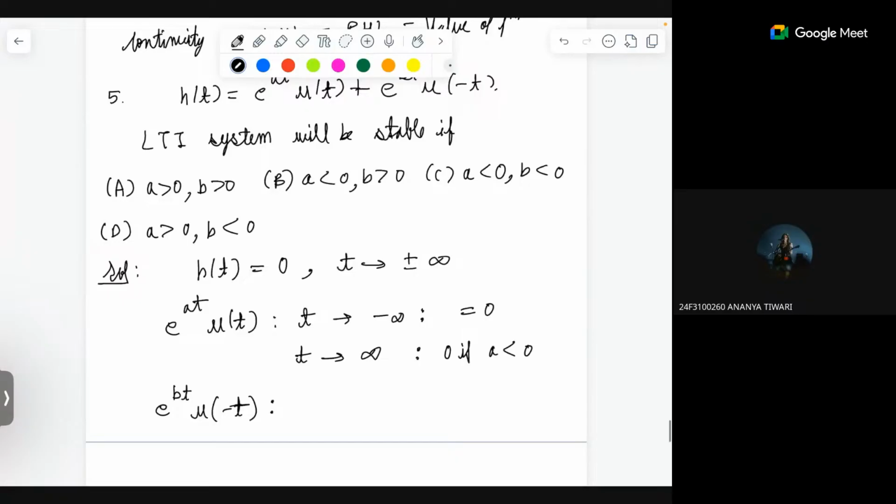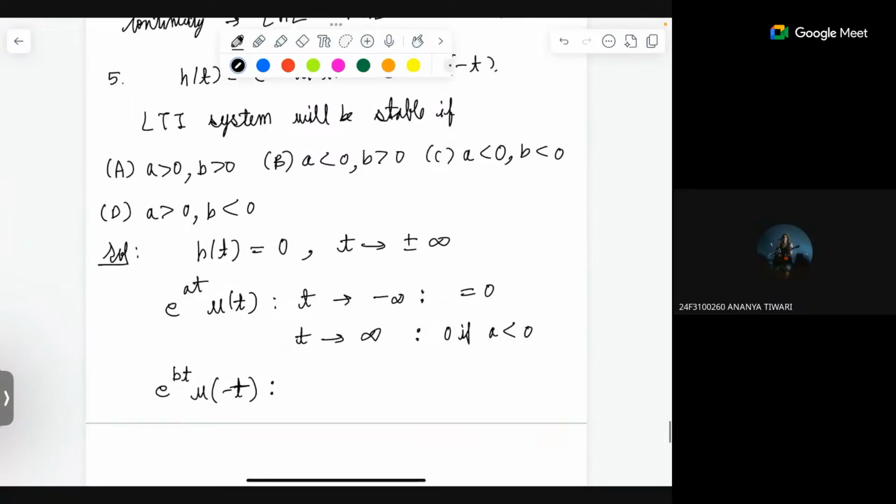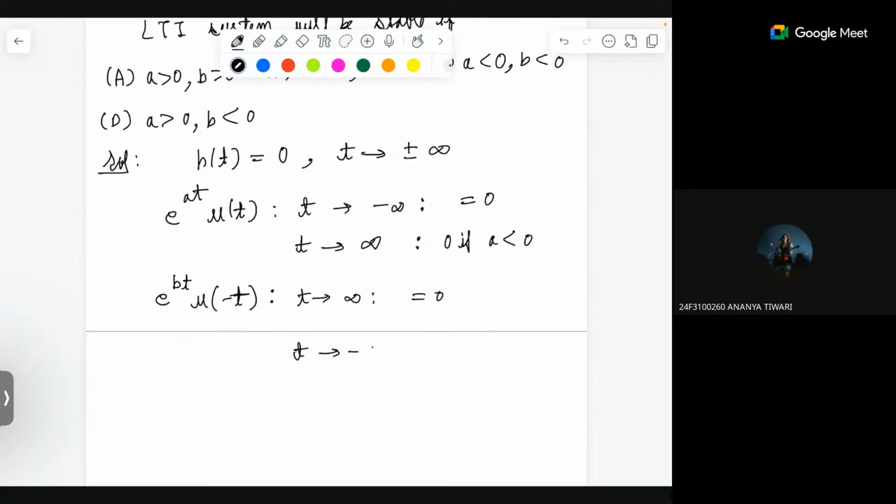So the second term is e raised to the power of bt u(-t). u(-t) is 1 from 0 to minus infinity, and from 0 to infinity, it is 0. So we know for sure that at t equal to infinity, it is going to be 0. Now at t equal to minus infinity, just what Ananya said, it will be 0 if b is greater than 0, because b greater than 0 with negative time will make minus infinity, and e raised to the power of minus infinity will be 0.